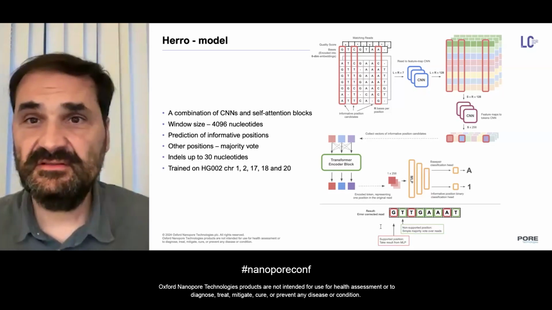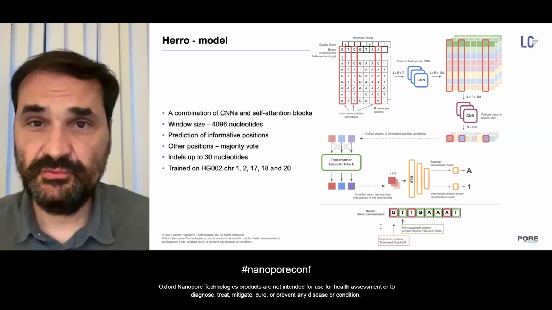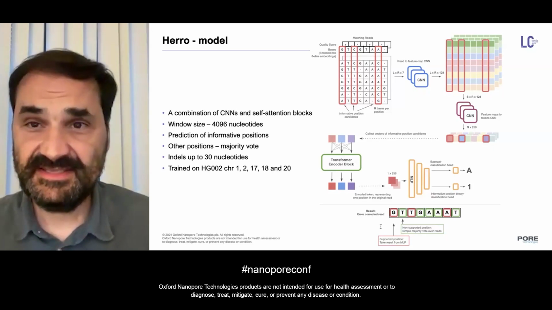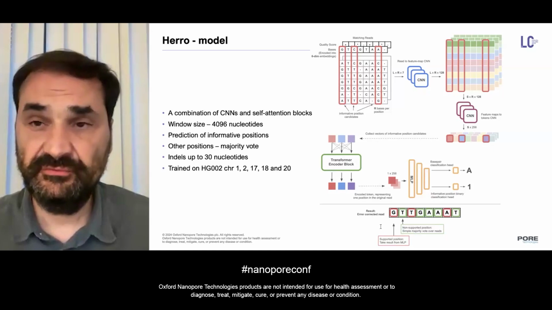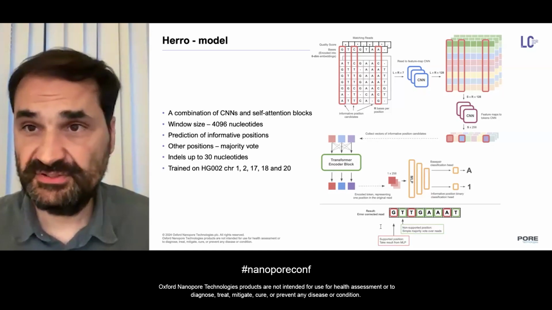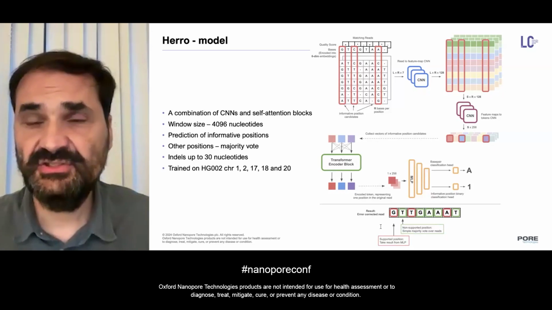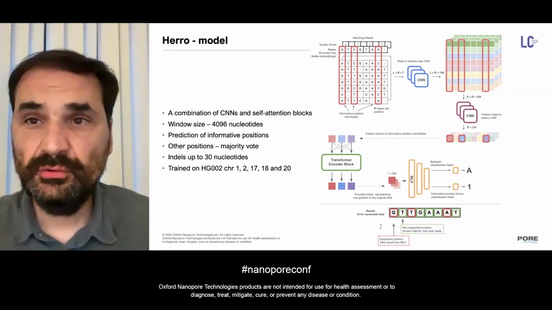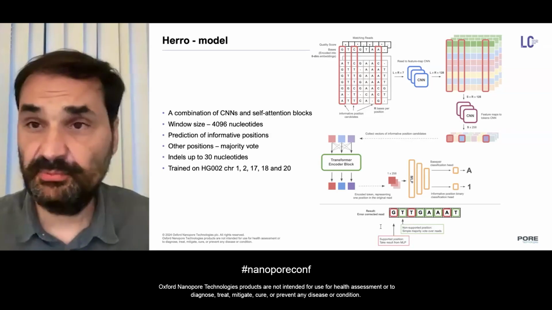In the first convolutional network, we just take the representation of each read. And in the second convolutional network, we take the representation for each position. It is important to mention that we take representation only for those positions that are potentially informative.